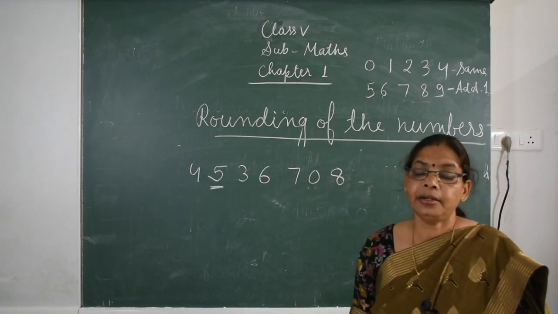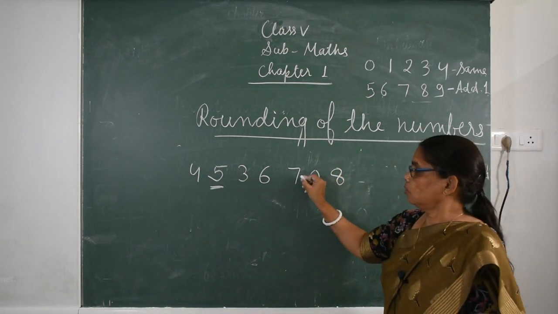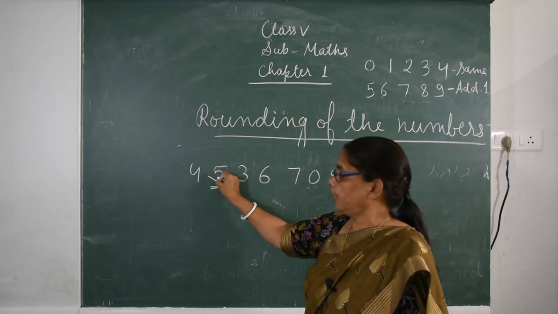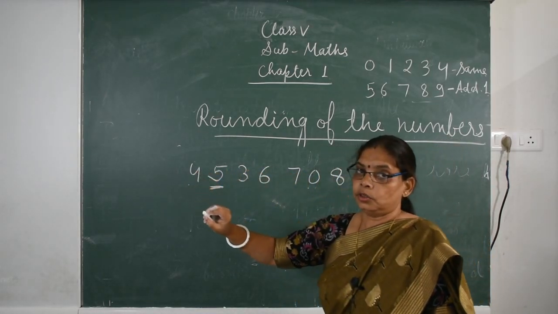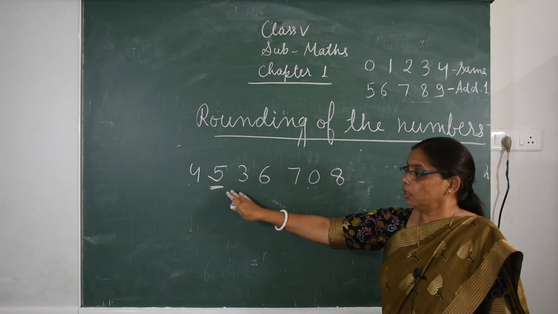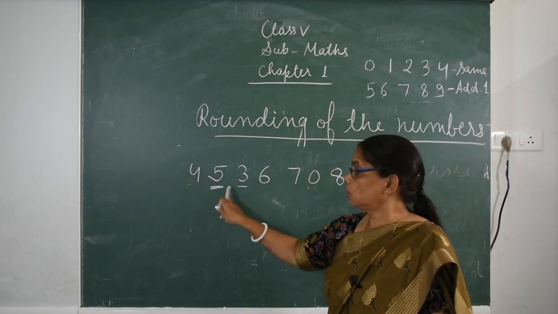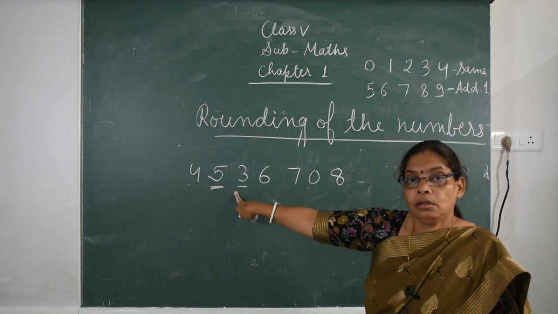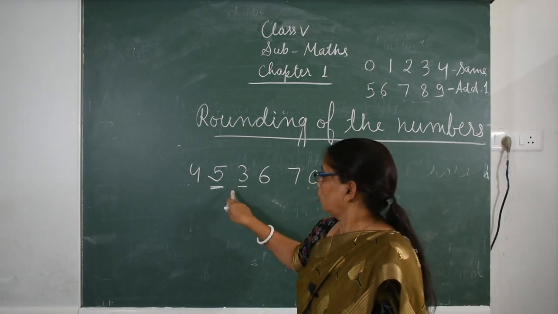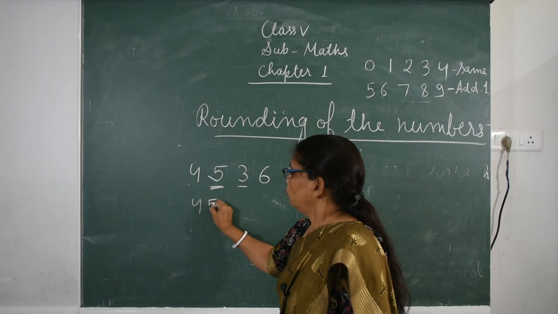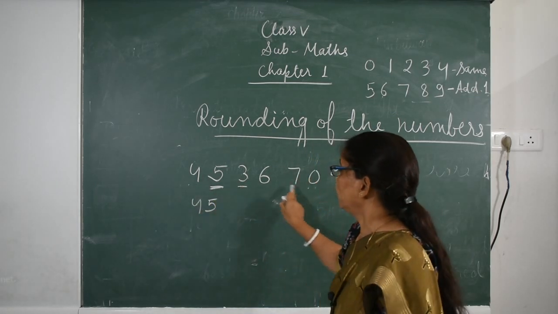Rounding of the underlined digits. Ones, tens, 100, 1000, 10,000, lakh and 10 lakh. We have to find the rounding of the lakh place. So we see this number, not this number. This one is less than 5, so 45 we write these two numbers the same and then 0.